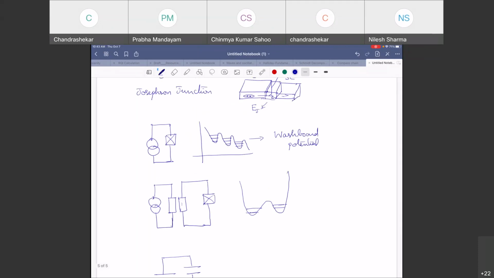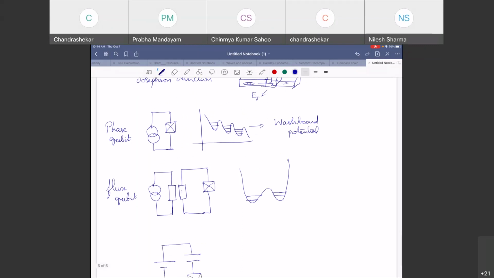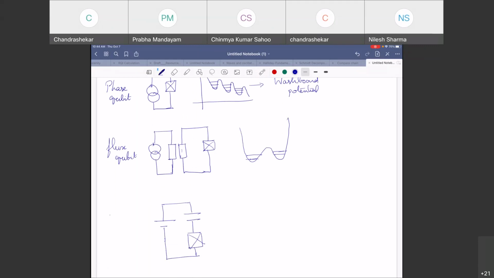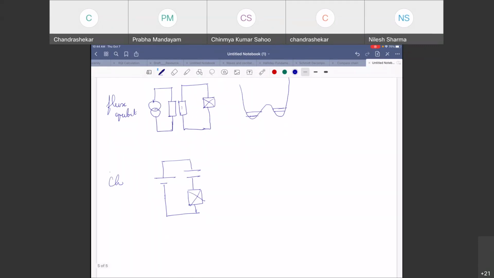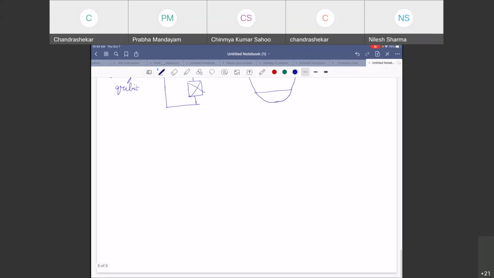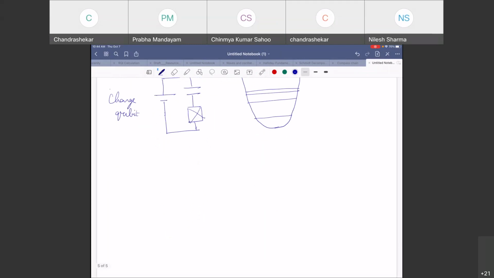So this is the phase qubit, this is the flux qubit, and this is the charge qubit. A charge qubit looks like a harmonic oscillator potential, but it has anharmonic levels like this. The charge qubits are the most commonly used ones.